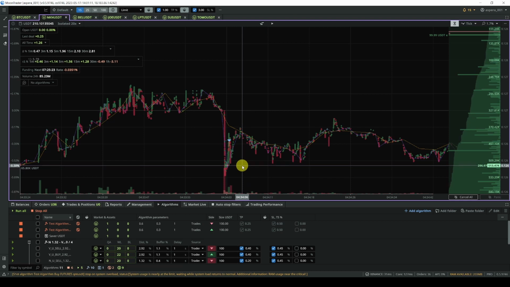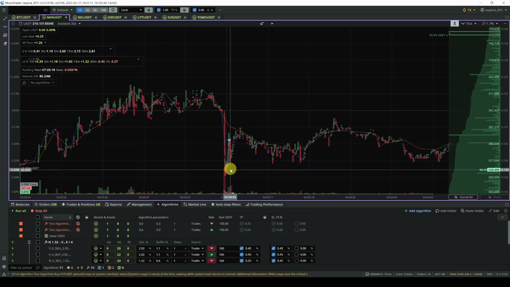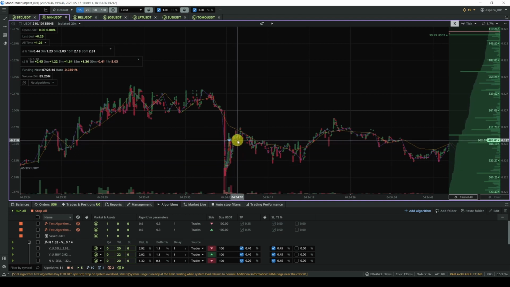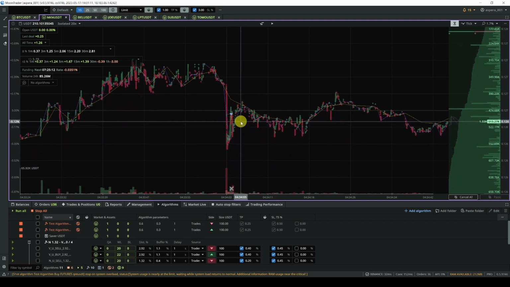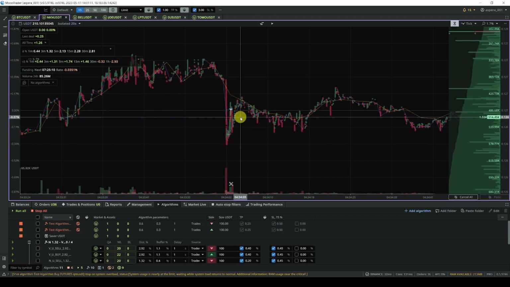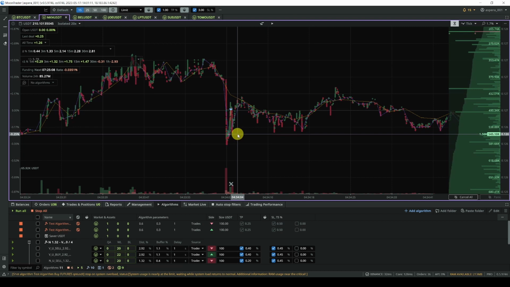Yeah, thereabouts, according to my algorithm. And then the shot rolled back very quickly, and we took profit right here. The take profit level was at 0.25.